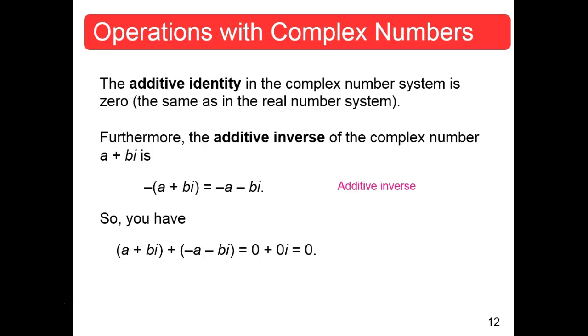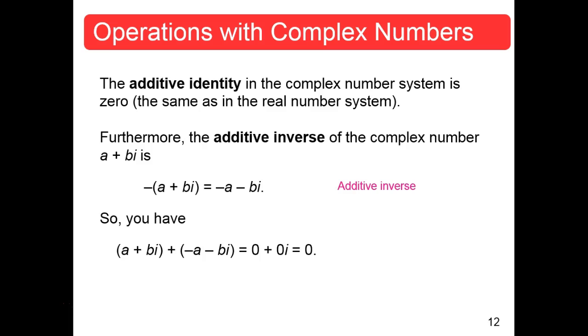So 0 doesn't have an imaginary part, or 0 has an imaginary part as well. Furthermore, the additive inverse, that's any number that you would add to another complex number to get 0, for a plus bi would be the opposite, the negative of a plus bi, and that would be minus a minus bi.